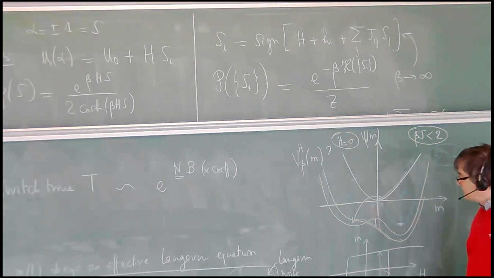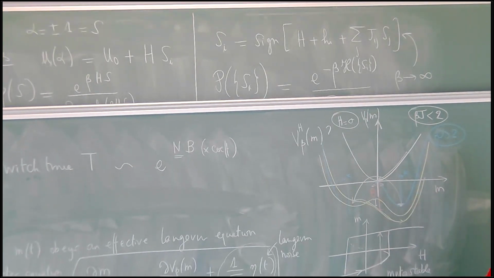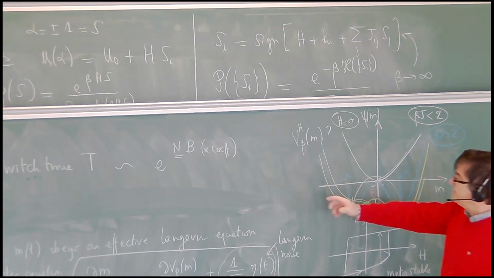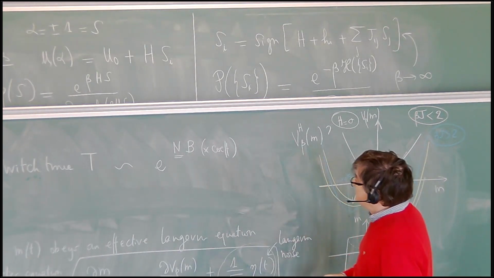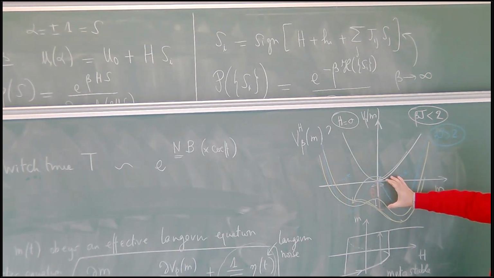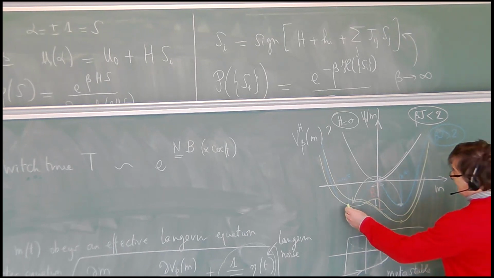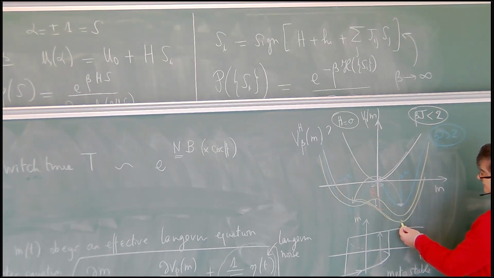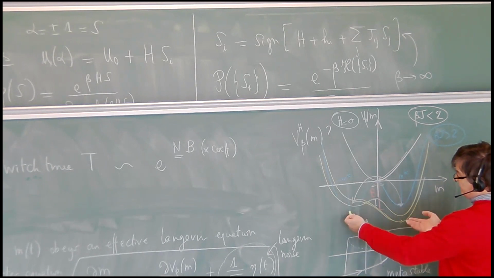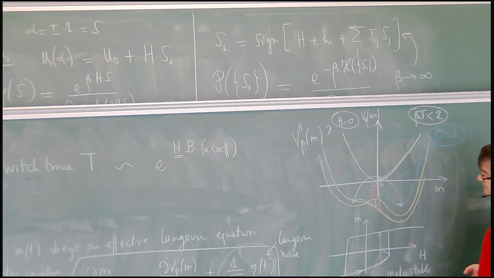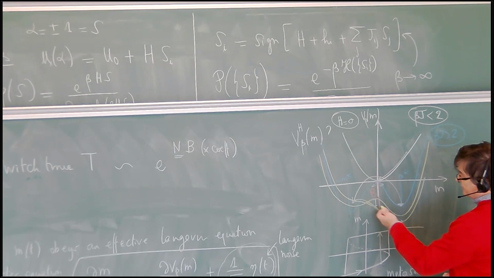So this allows me to add one remark, is that this time becomes small either because n is small or because B vanishes. And actually you see in my little drawing here that as you increase the magnetic field, you not only unbalance the minima, but you also make the barrier lower.